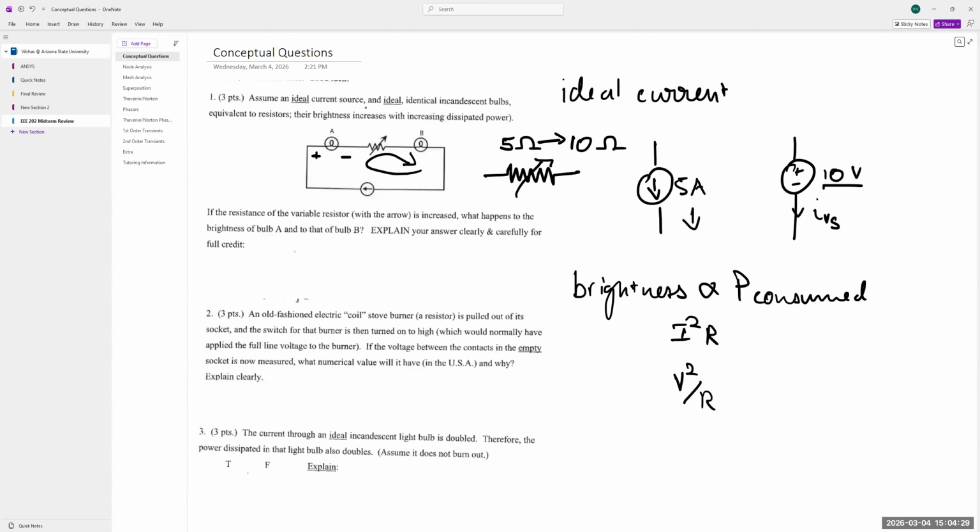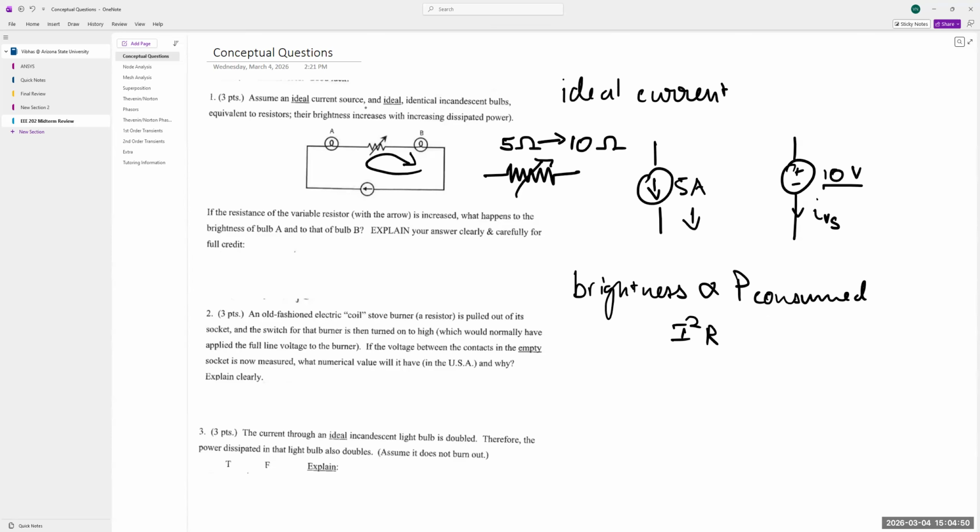The voltage across the bulb in a series circuit is not easy to find, but the current across the bulb is very easy to find because we are looking at the same current in the whole loop. So we're going to prefer using this formula over here.